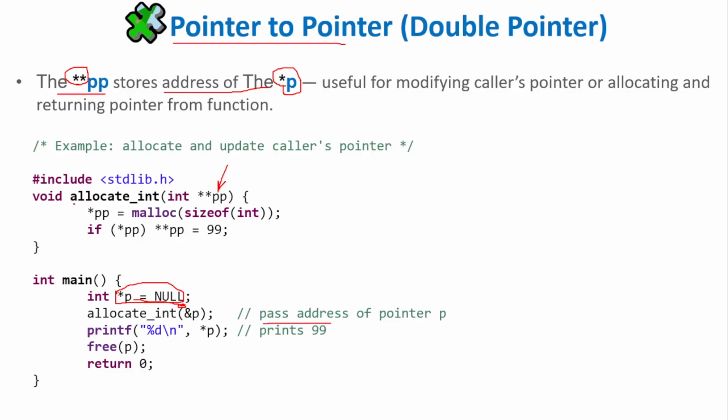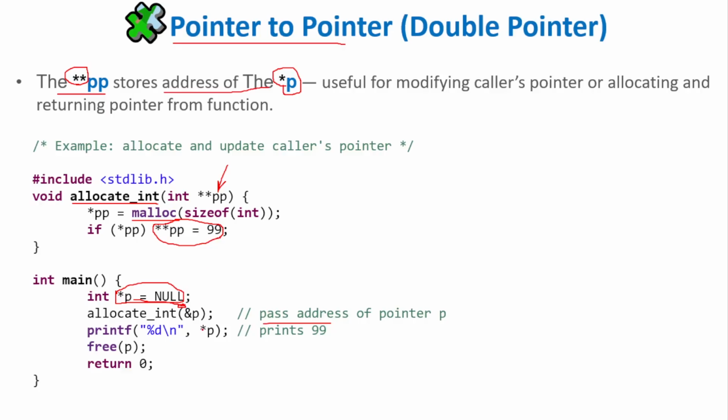Inside allocate_int function, memory is allocated for a single integer using malloc, and the returned address is stored in the pp pointer, which directly updates p in main.